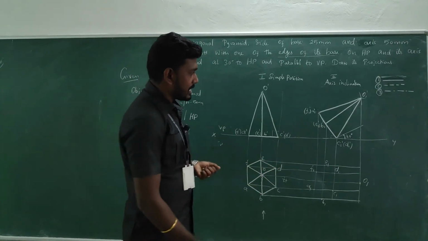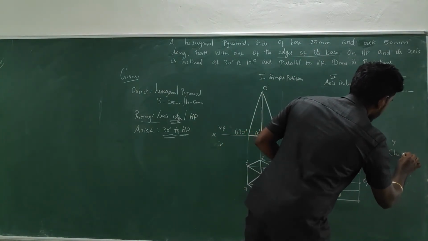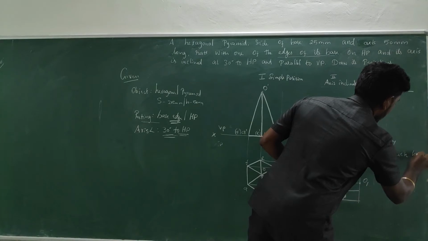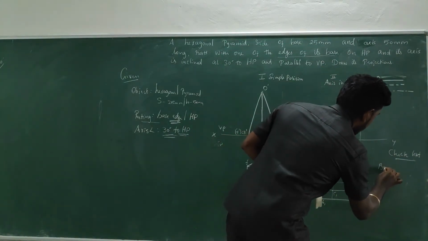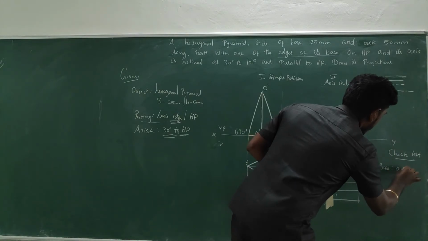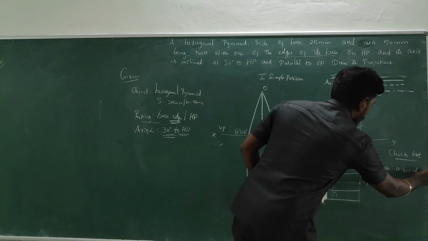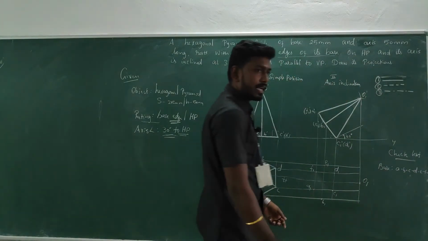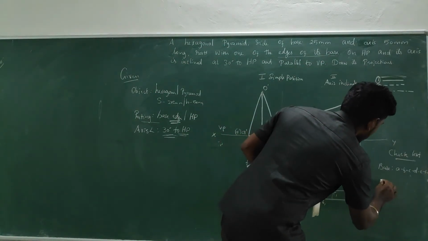As far as this pyramid is concerned, the checklist: we have only one base. The base connection is A to B, B to C, C to D, D to E, E to F, and F to A. There is a connection. And we have the longer edges.